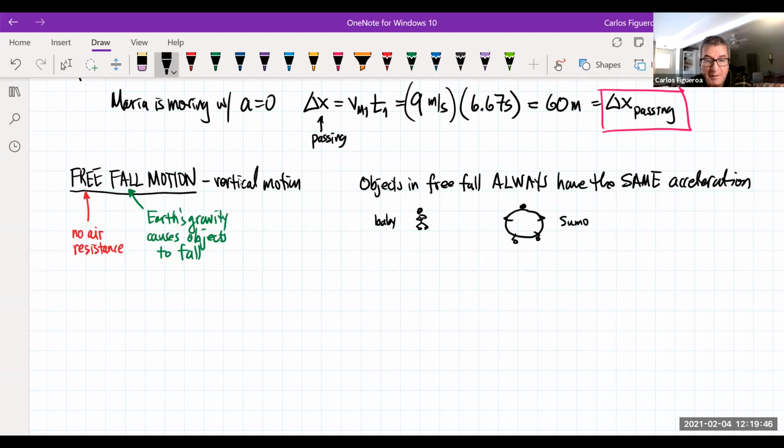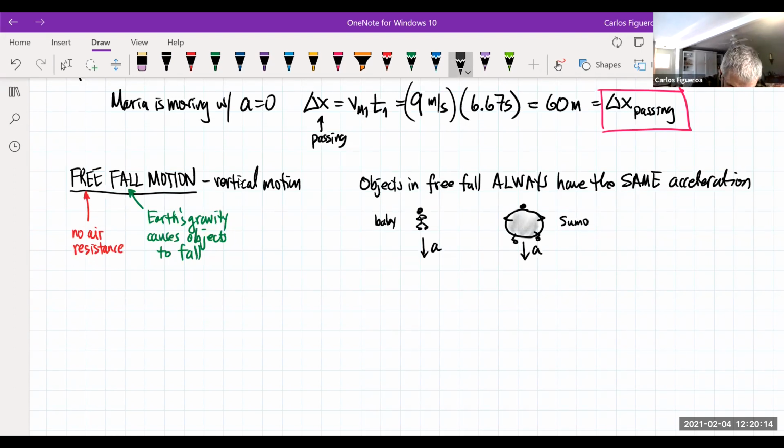If you were to drop them in free fall, these guys would have exactly the same acceleration. It's independent of mass, okay? Why are they independent of mass? We have to wait till Newton's second law to really answer this question. But they always have the same acceleration, no matter what.